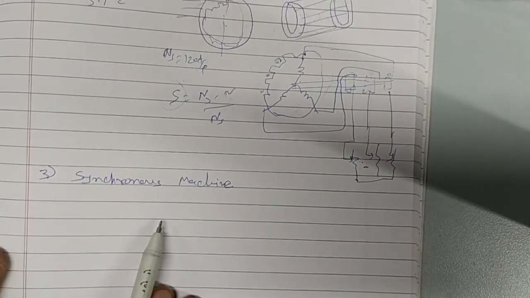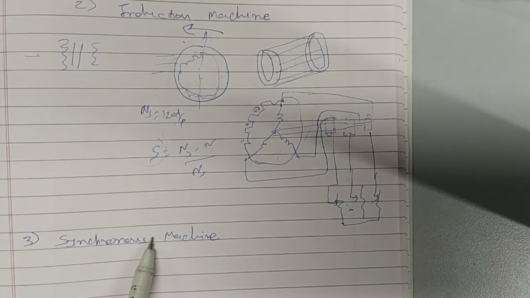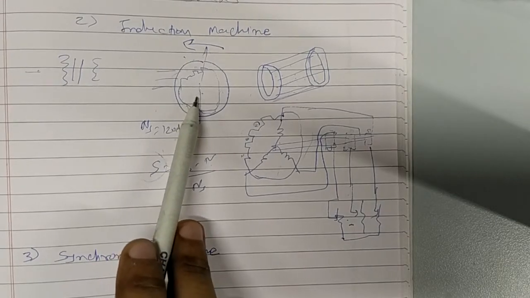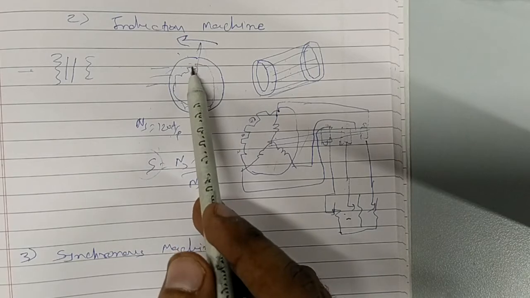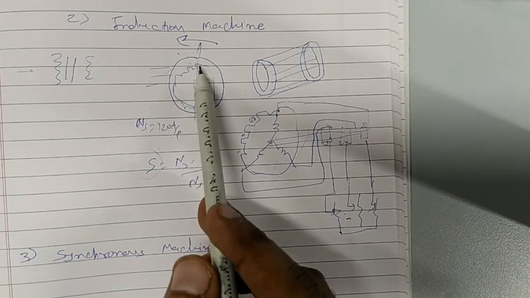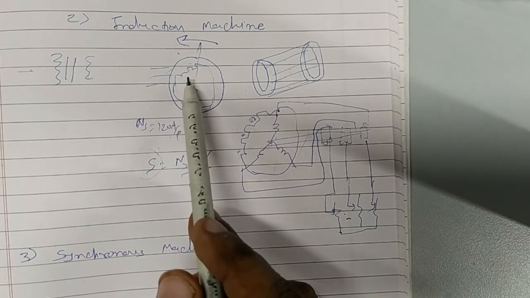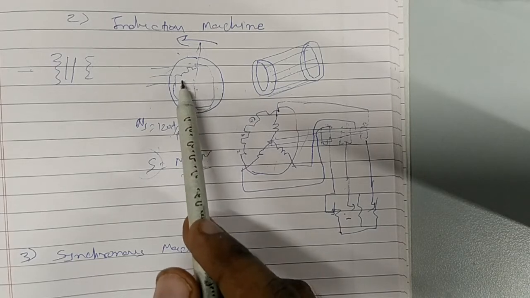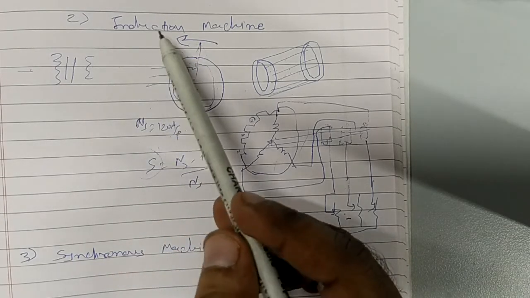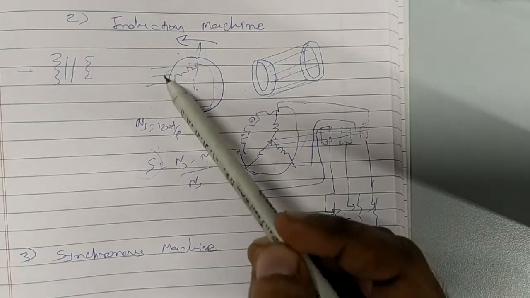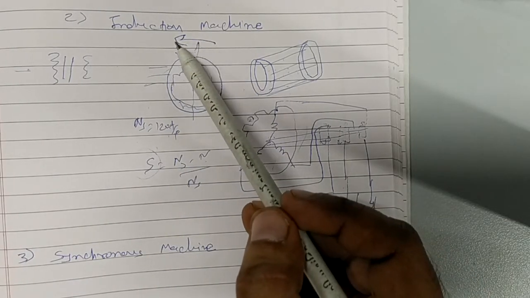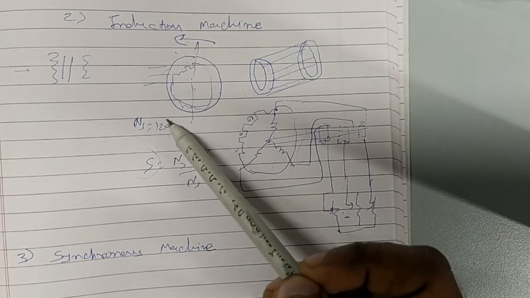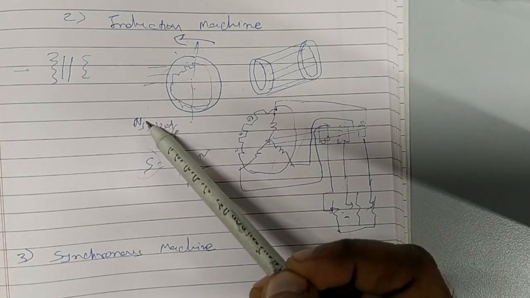If we see the construction of a synchronous machine, then this stator part is the same. It is simply one iron ring with slot and tooth type of structure. Inside the slot we have three-phase distributed winding. Because the basic thing in the induction machine and synchronous machine when operating as a motor is that they have to produce the rotating magnetic field which will rotate at synchronous speed 120 f by p.